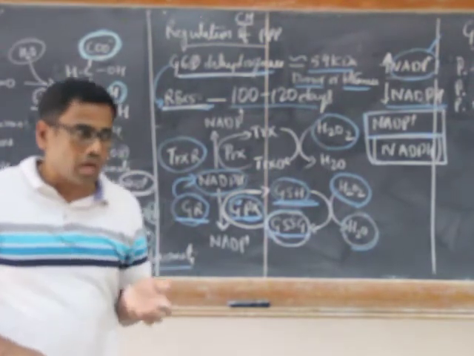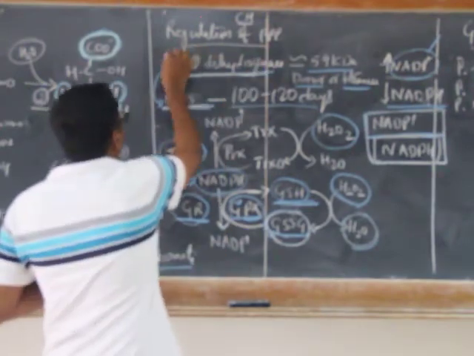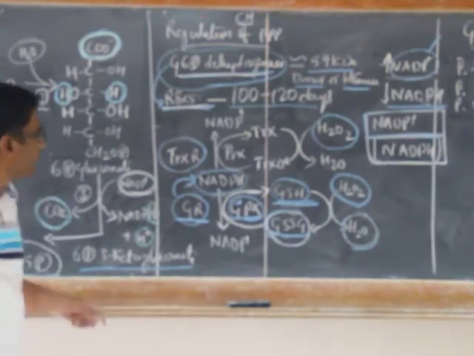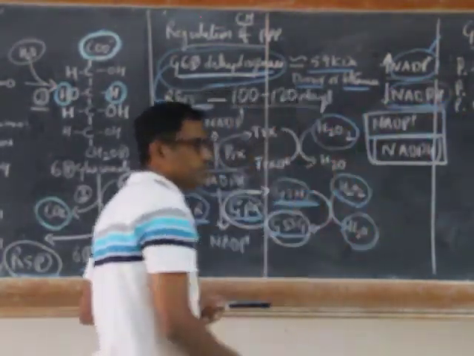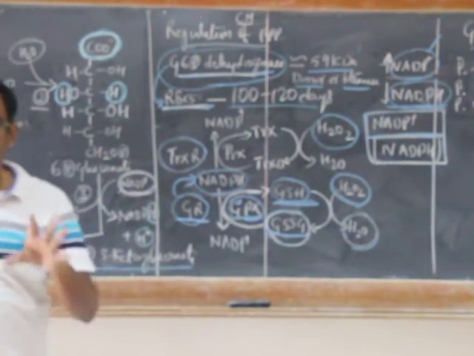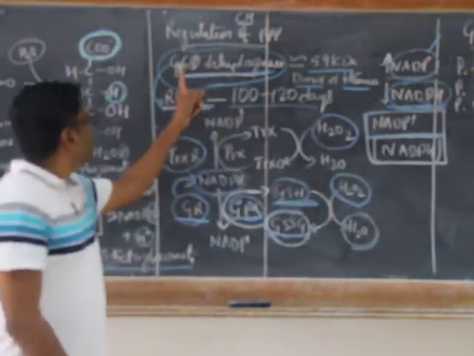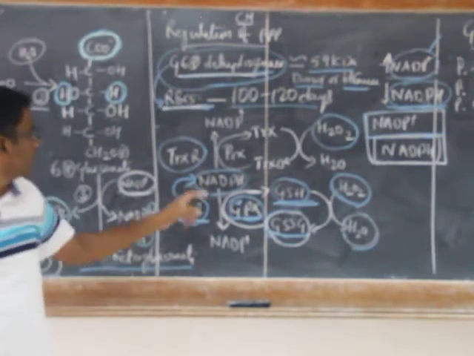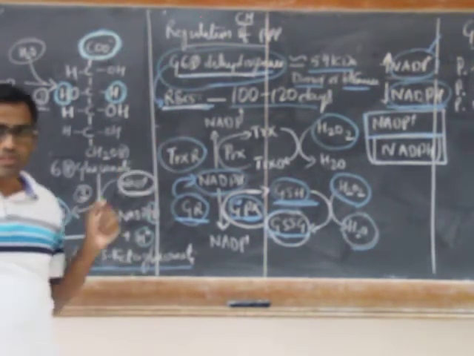Since RBCs lack mitochondria, the pentose phosphate pathway or glucose 6-phosphate dehydrogenase is the only source of generation of NADPH. Right? So this is the only source of NADPH production. So that's why glucose 6-phosphate dehydrogenase is very critical in maintaining the reductive environment in RBCs.